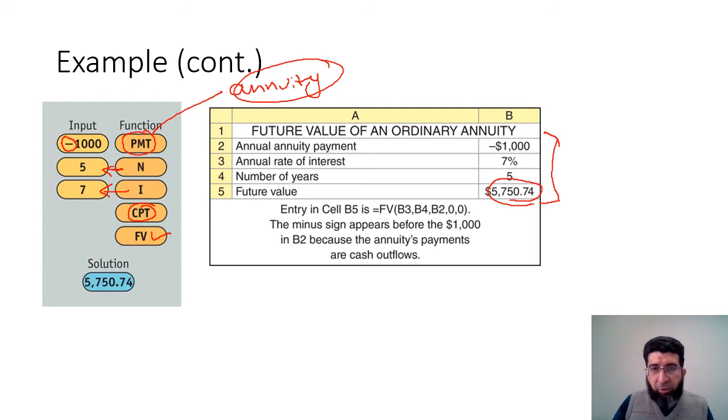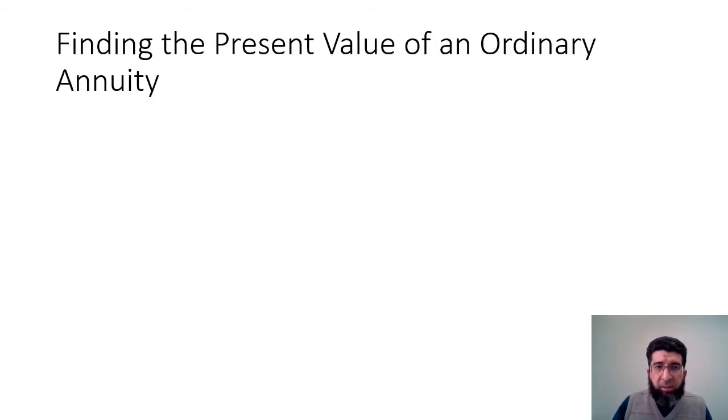Now let's move on and look at the present value of an ordinary annuity. Present value of an ordinary annuity is calculated as such. So we have present value equals the cash flow. It looks familiar because we did the same for the future value.